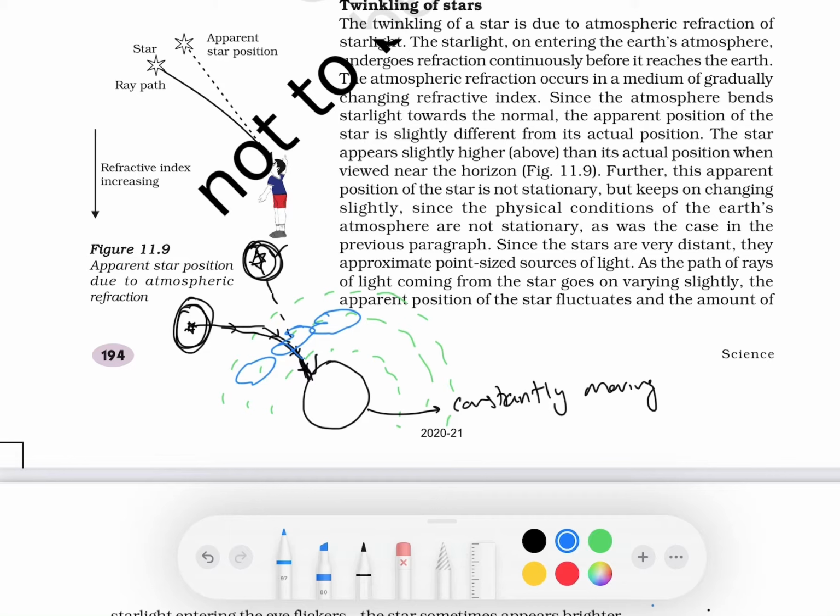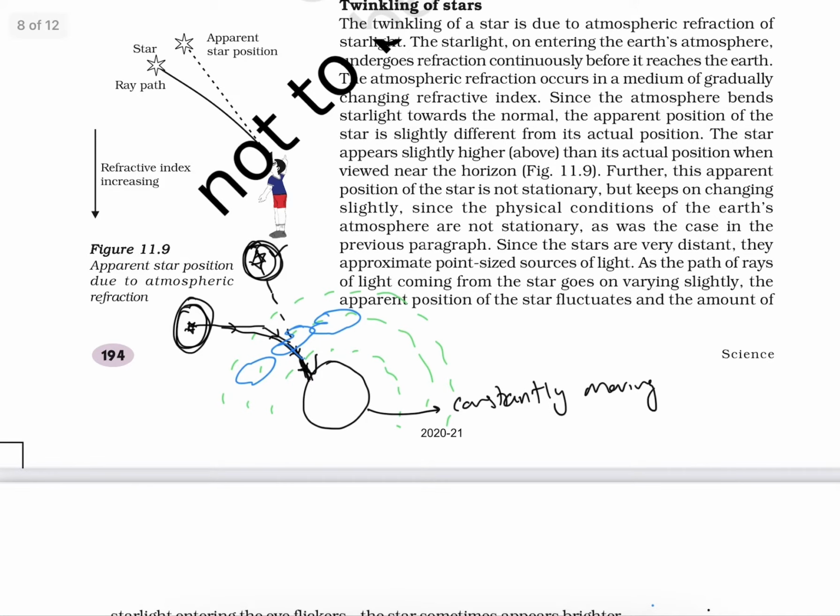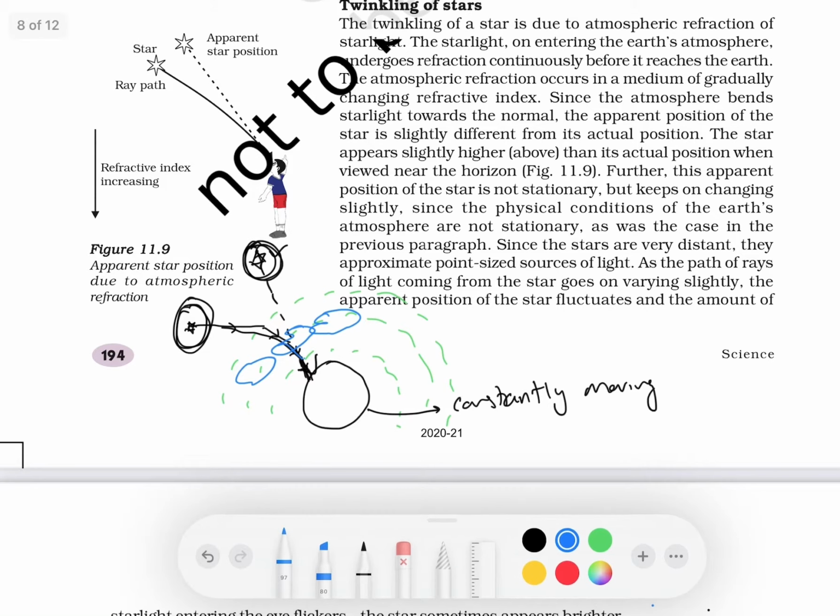And because of that, it feels as if the star is twinkling. But actually, the stars do not twinkle. We know the sun is a huge star, but it doesn't twinkle. So other stars, like the sun, also do not twinkle, but it is due to their apparent position, which is explained here.